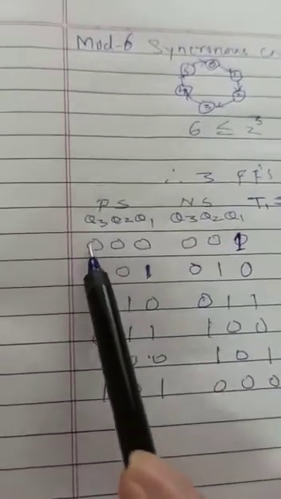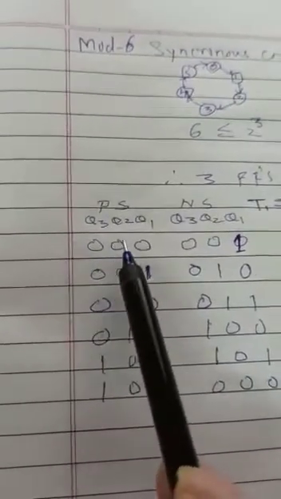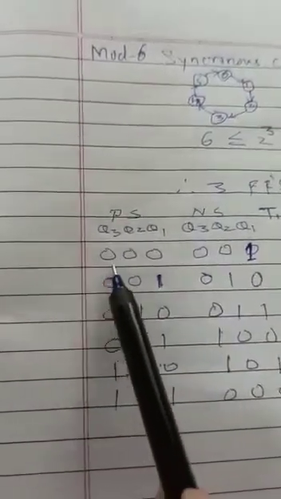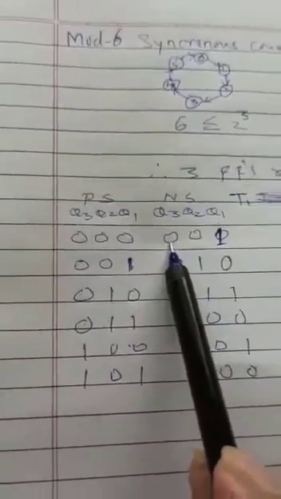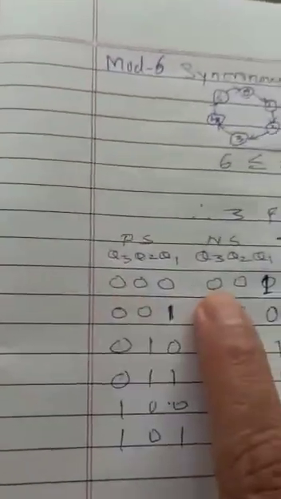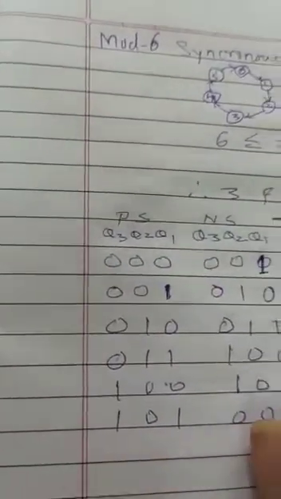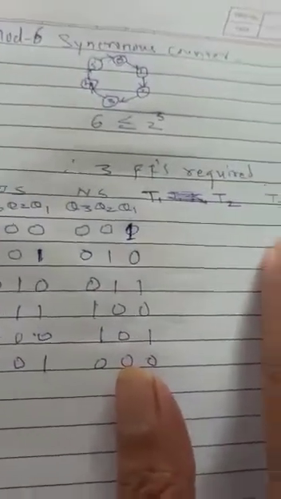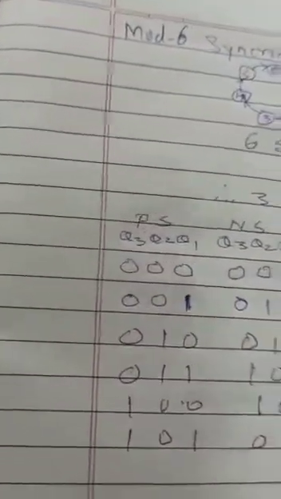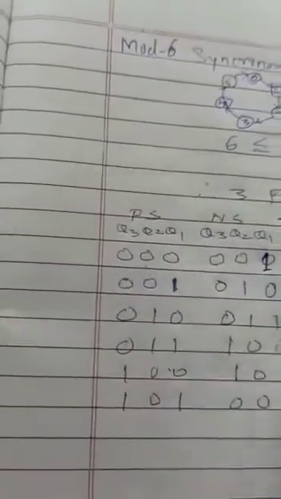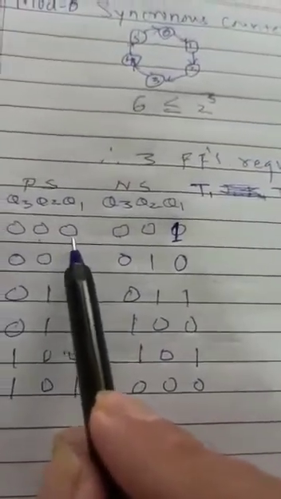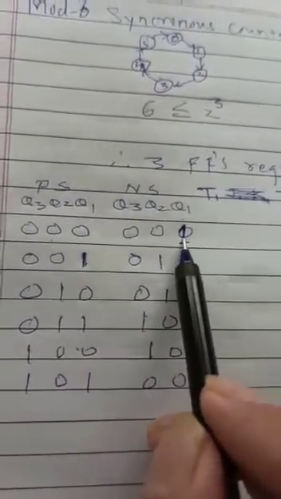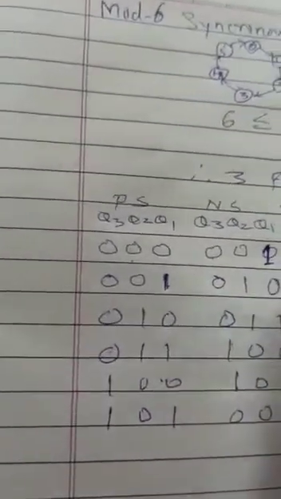Now here Q3, while going from this state to this state, remains same. That's why T3 will be 0. Q2 also remains same, so T2 will also be 0. But Q1 has to go from 0 to 1, means it has to toggle. So that's why input should be 1 from the excitation table we have written.